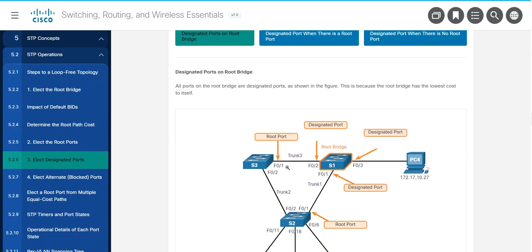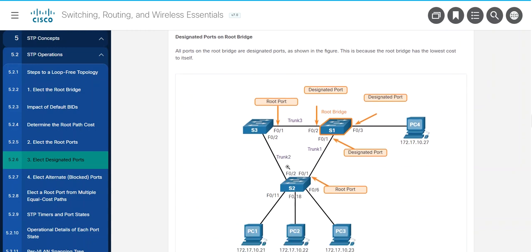Now, once you've chosen the root bridge, you have to determine the root ports and then the designated ports. Now the designated ports, if you're looking at the root bridge, will be off of the root bridge. Your root ports are the ones that provide the lowest cost path to get to the root bridge.